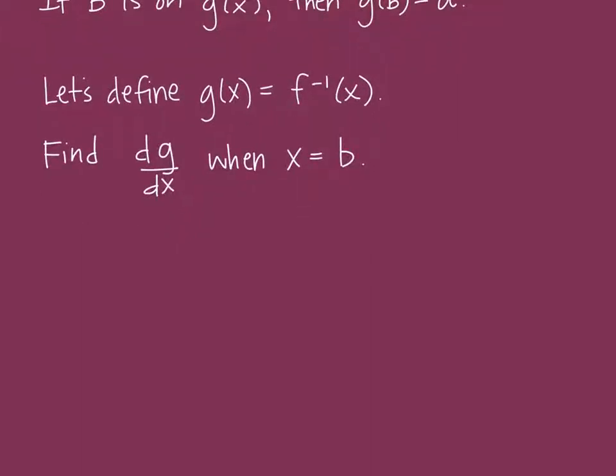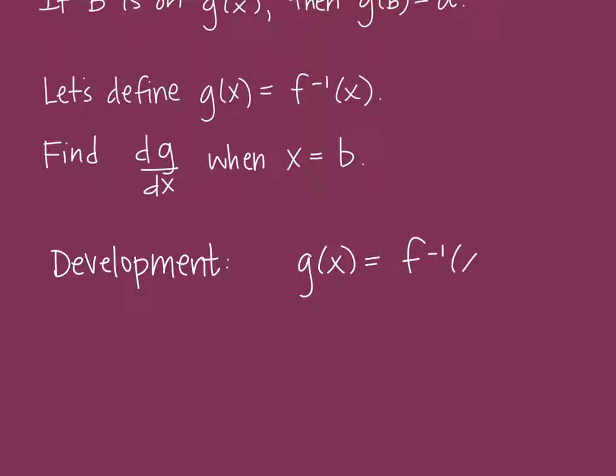So let's start with this. We're going to develop the derivative. If we start with the definition, we're saying that g of x is defined as f inverse of x. And then if we apply math to both sides, let's apply the f function to the right side, and let's apply that same f function to the left side.